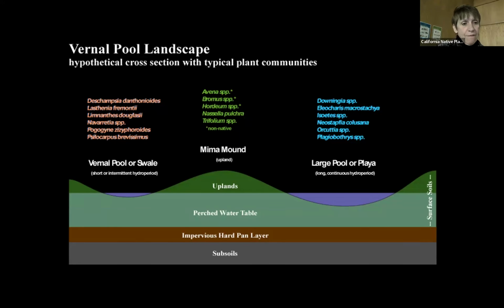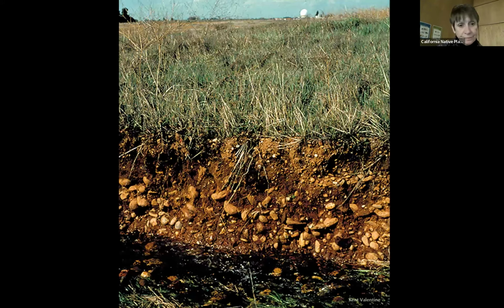So an important factor of vernal pools, as I mentioned before, is this impermeable layer.